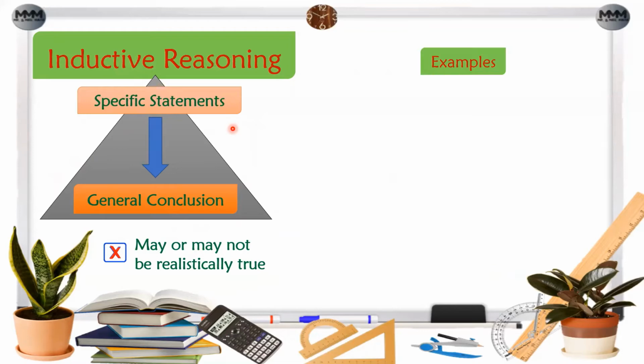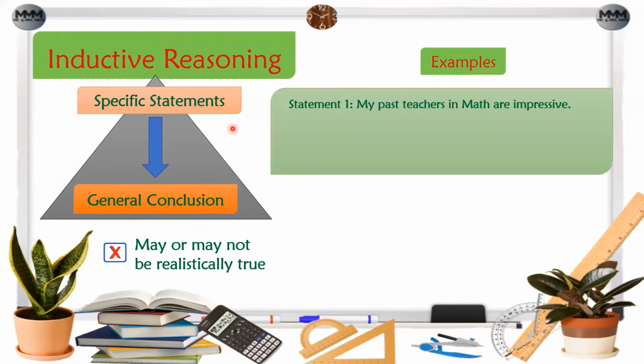Let's consider some examples. Okay, let's have statement number 1. My past teachers in math are impressive. So this is our first specific statement. And then for our second statement, my math teacher of this year is impressive. So you have here two specific statements.